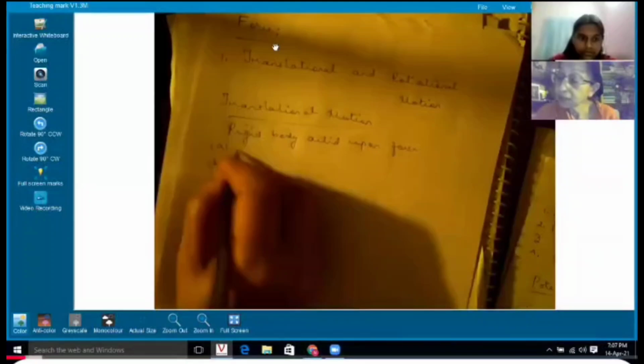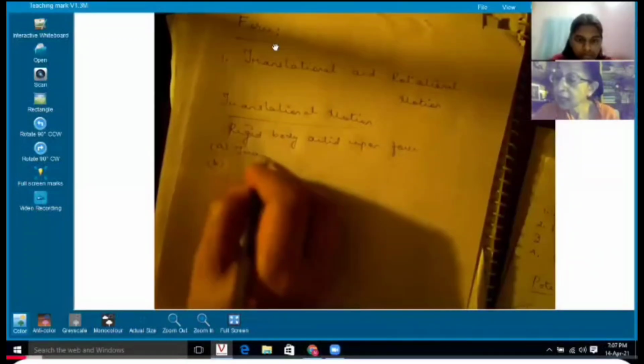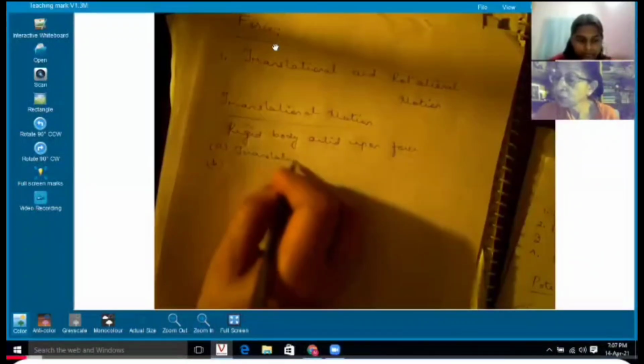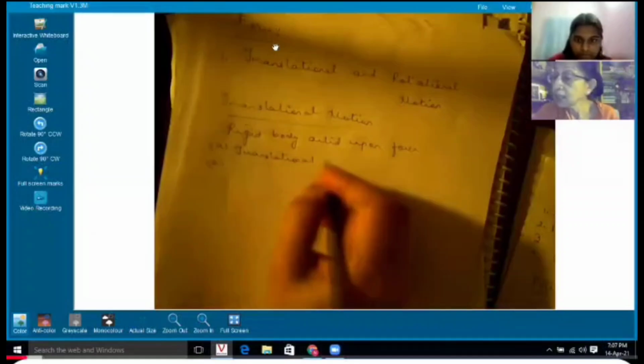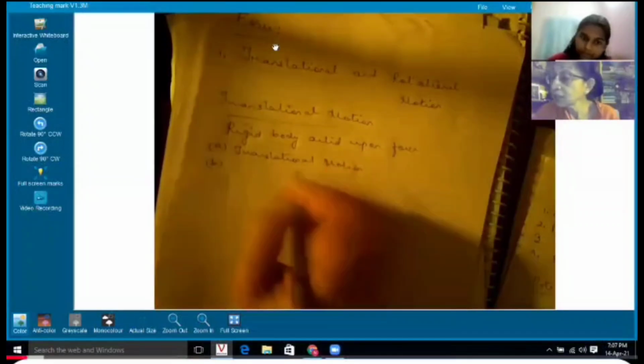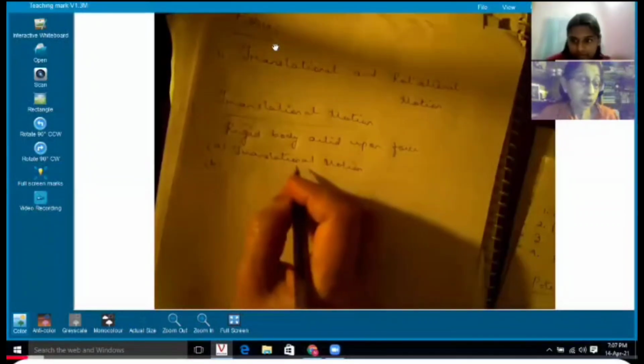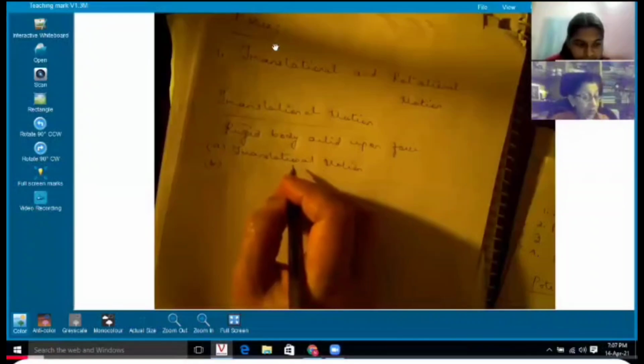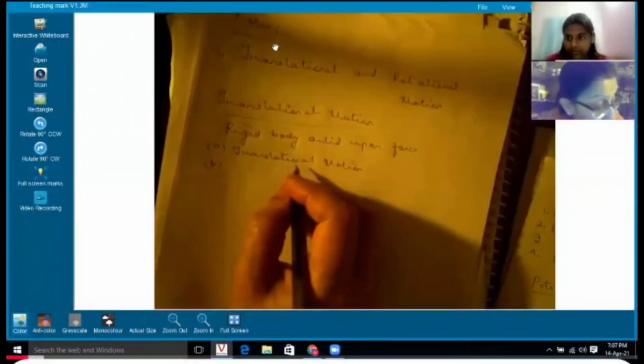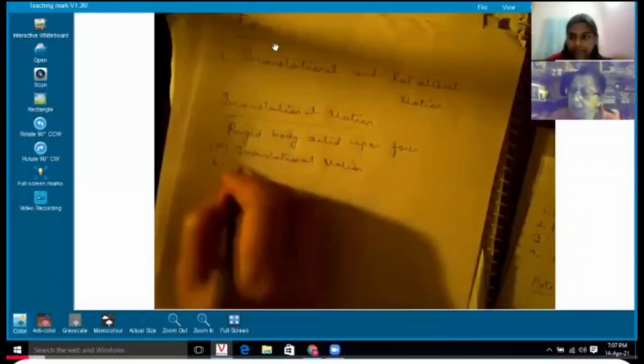One is translational motion and the other is rotational motion. Just now you told me that translational motion is the motion in a straight line. When it is free to move and the body starts moving in a straight path, we call it linear or translational motion.